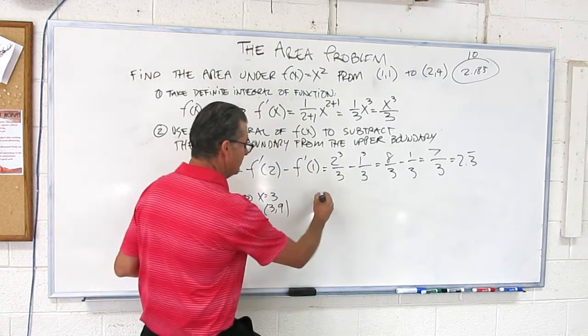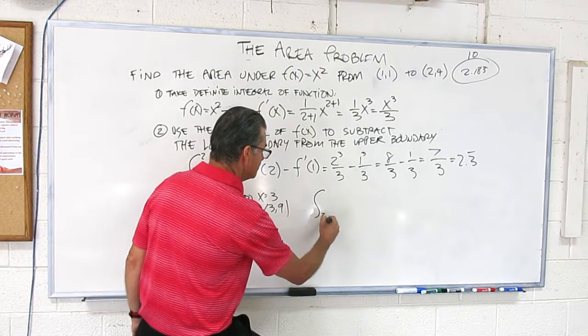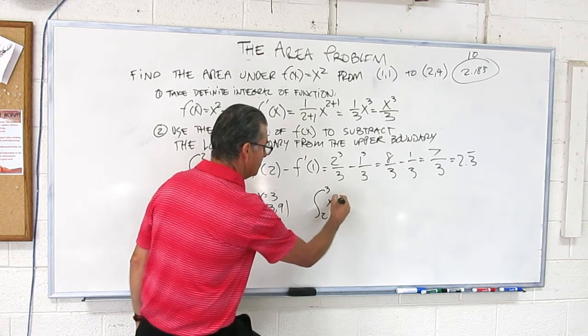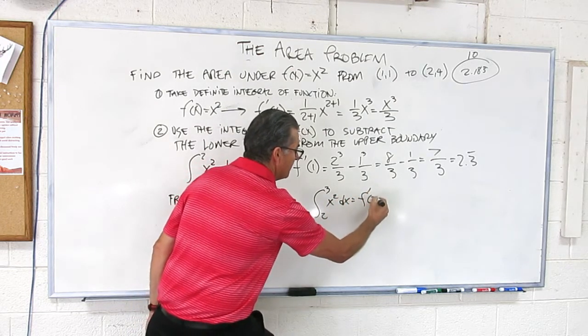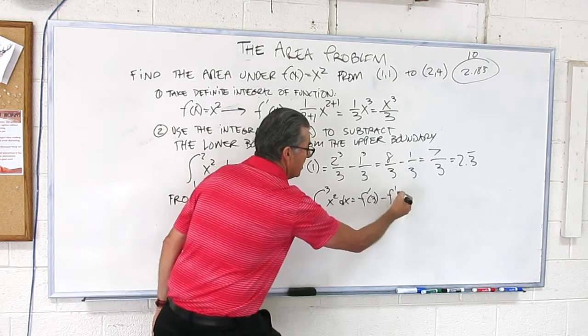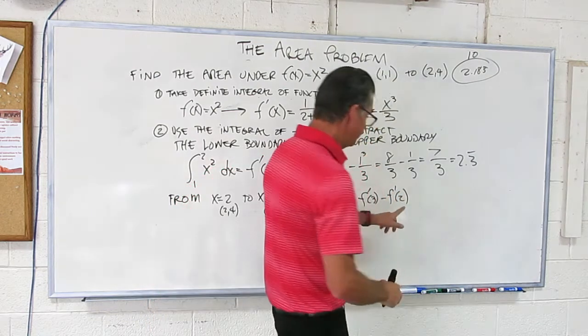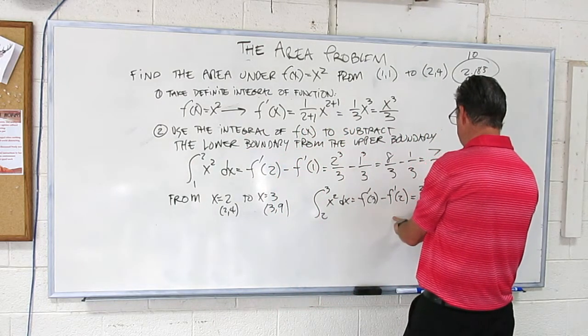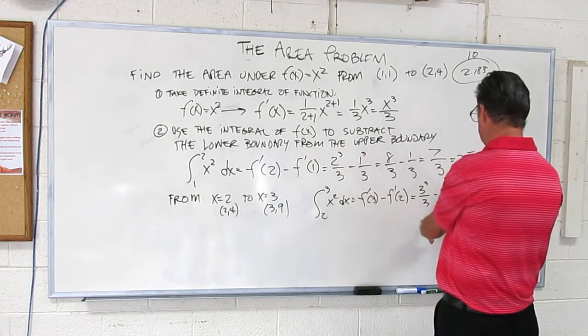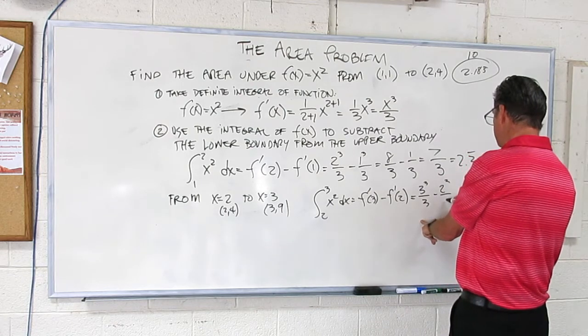I'm going to write this as an integral. This is from 2 to 3 of x squared dx. That's going to equal f prime of 3 minus f prime of 2. So now we just do our plug and chug. We're going to get 3 cubed over 3 minus 2 cubed over 3.